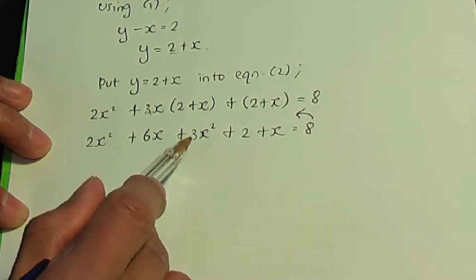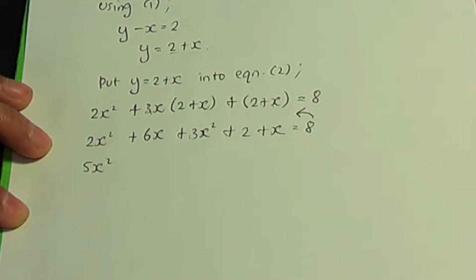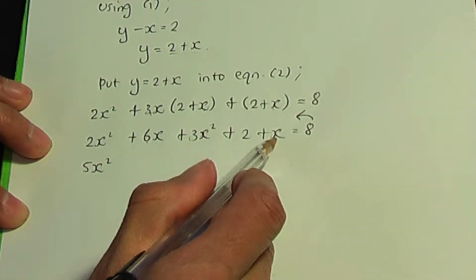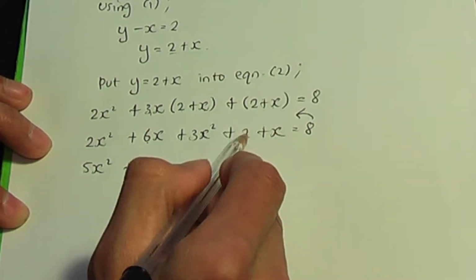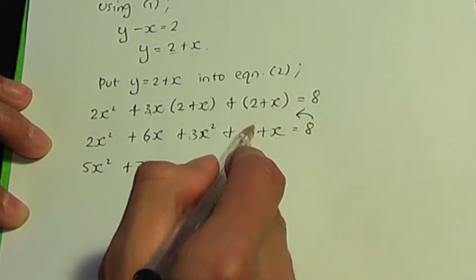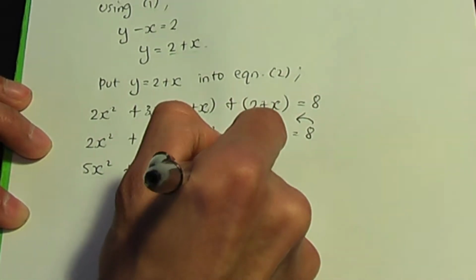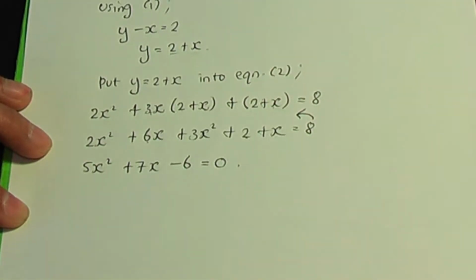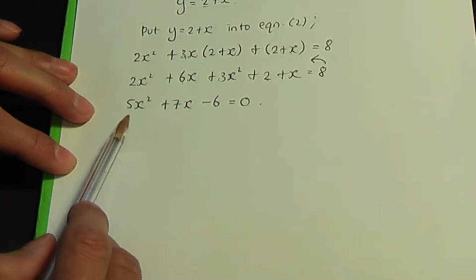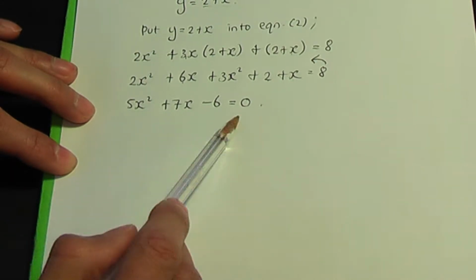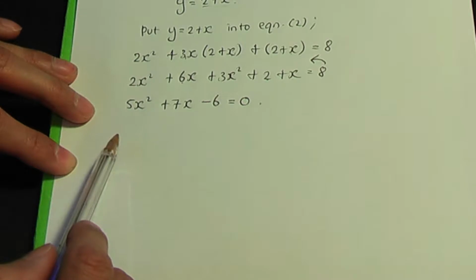So 2x squared plus 3x squared is 5x squared, okay? 6x plus x is 7x, okay? 2, taking the 8 to the left hand side, so 2 minus 8 is minus 6, and that in turn equates to 0. So now I have a quadratic. You can solve this quadratic by using the quadratic formula, but this quadratic can be factorised.